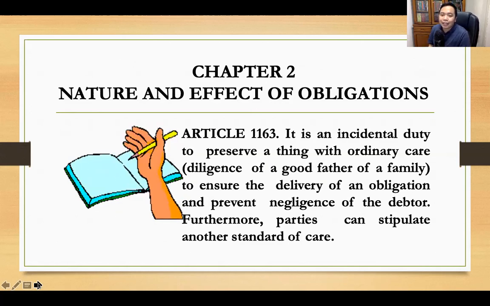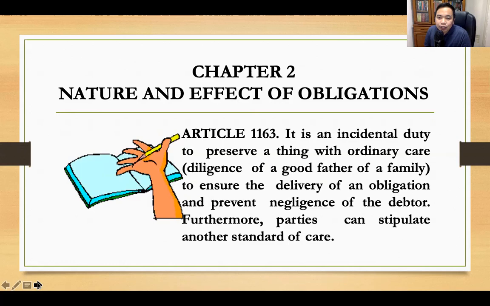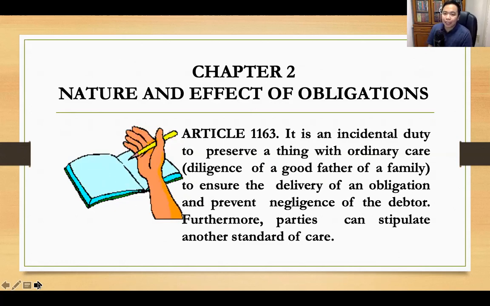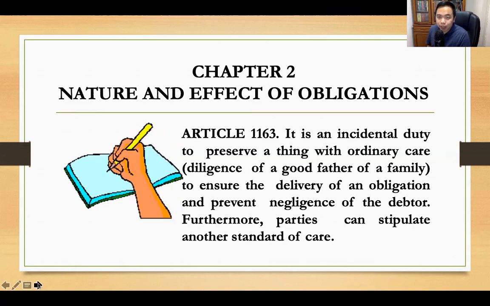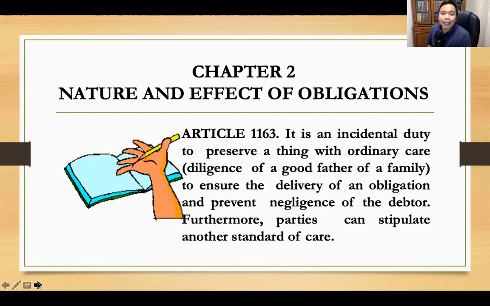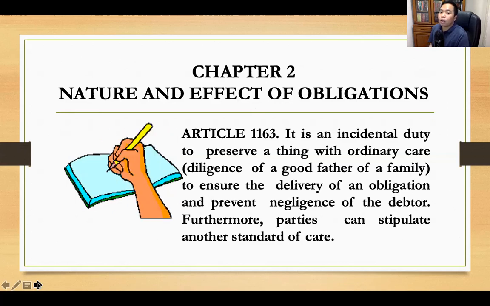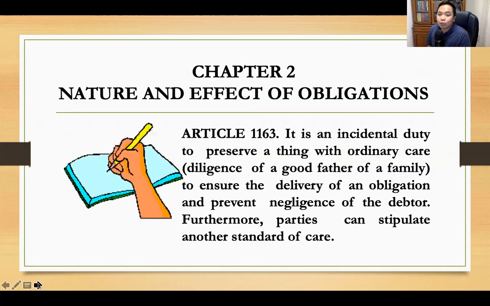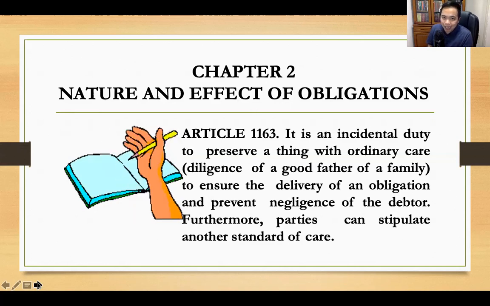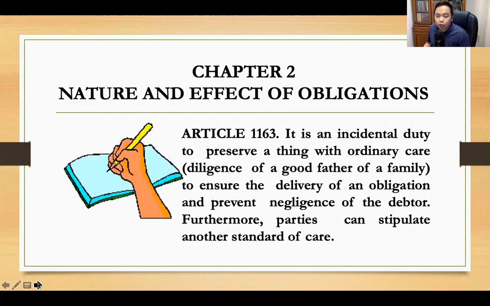In other words, class, the diligence of a good father of a family will apply only in case the object is determinate. But if the object is indeterminate or generic, then there is no obligation on the part of the obligor, or the debtor, or the passive subject, to observe the diligence of a good father of a family in taking care of the property to be delivered or the obligation to be performed.